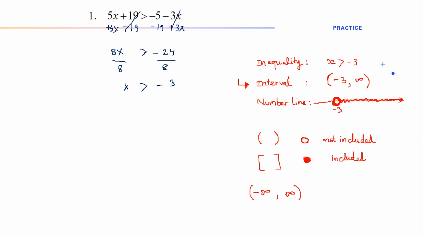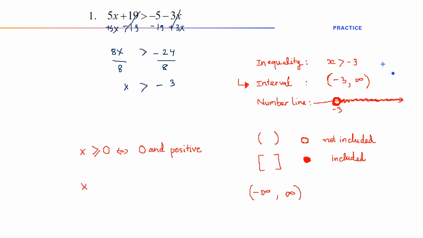One thing to notice is that if x is greater than or equal to 0, it's the same thing as having the value 0 and the positive numbers, right?